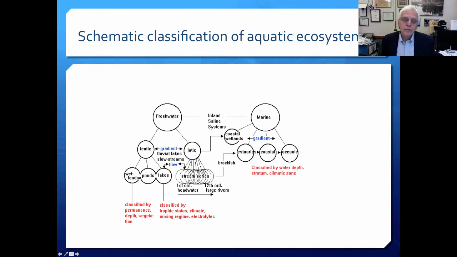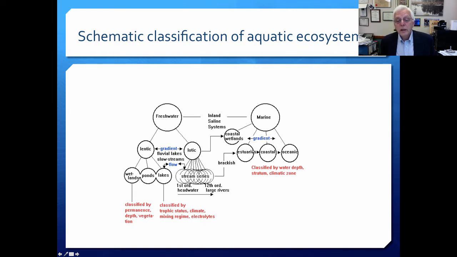So these form gradients between lentic and lotic systems, and there is often exchange between lakes and streams, especially in chains of lakes. Inland saline systems are situated somewhere between marine and freshwaters. In fact, inland saline systems often have similar kinds of organisms in them, even though they may be way inland. They may have the same kinds of organisms that exist in marine ecosystems. Now, the marine systems we'll not spend as much time on, but we've already gone through that, moving from the coastal to the oceanic.